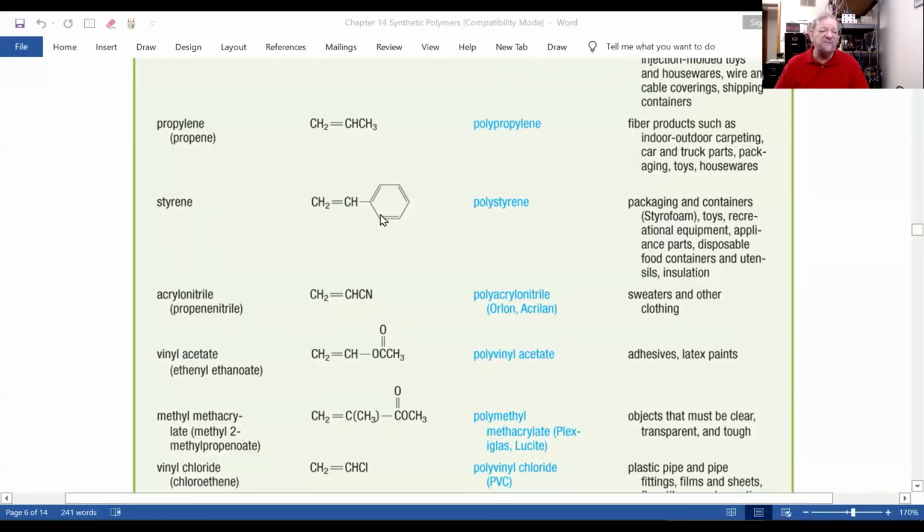Now, when L is a benzene ring, this monomer is called styrene. It's a common name that became the IUPAC name. And you make a polymer of that, we call that polystyrene.